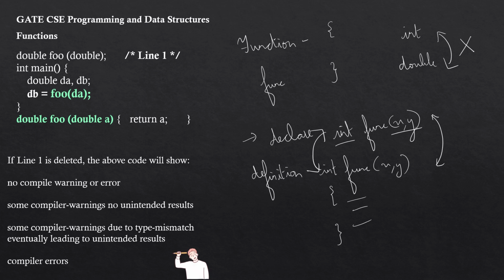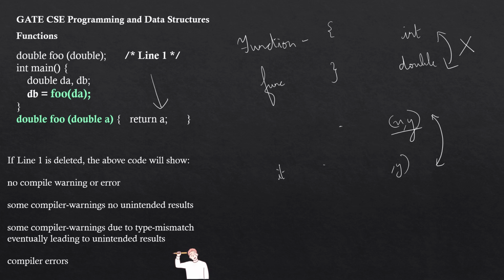If you see in this question, what they are saying is that we have the function declaration in one line and the function definition after the main. In the older C versions, we had this concept of implicit function declaration.